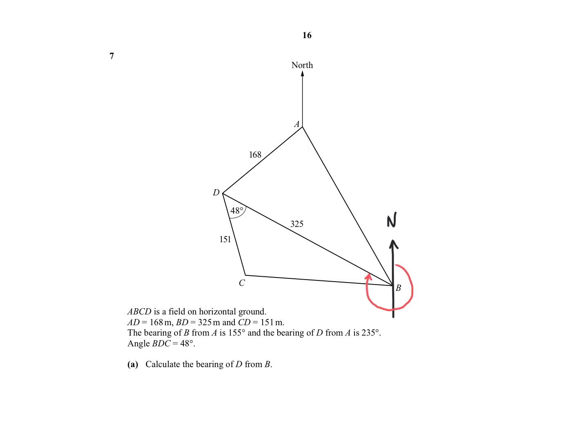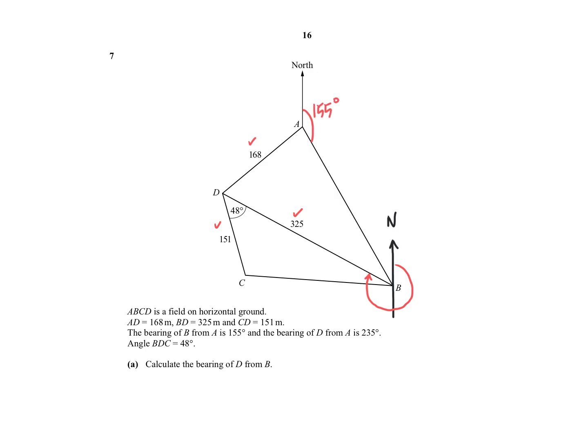In order to find that angle, I need to know... okay, wait. There is some info here that I missed out, right? 168, 325, 151. Bearing of B from A is 155.